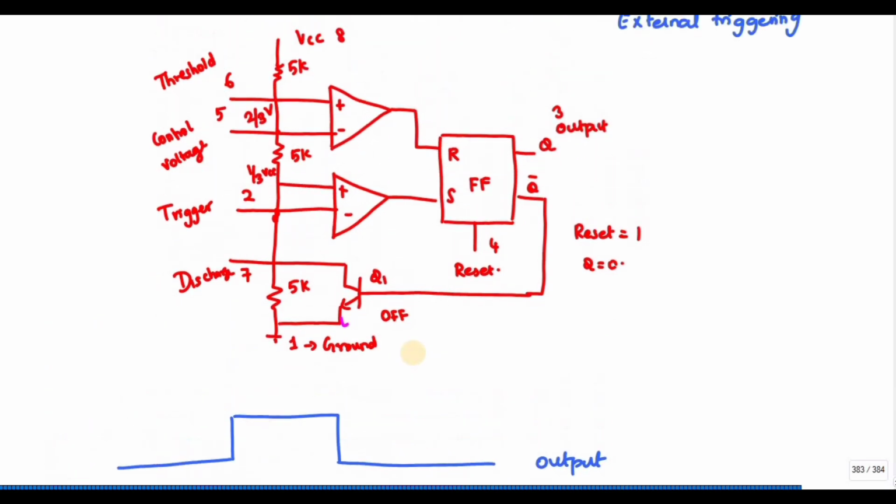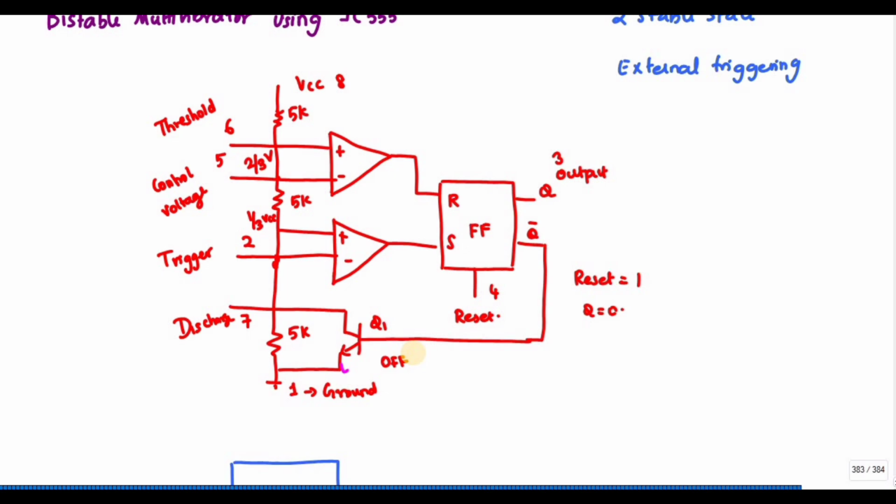So let us now discuss the working of the bistable multivibrator. Before that, this is a block of IC555. If you see, whenever the reset pin goes to 1, my output goes to 0.